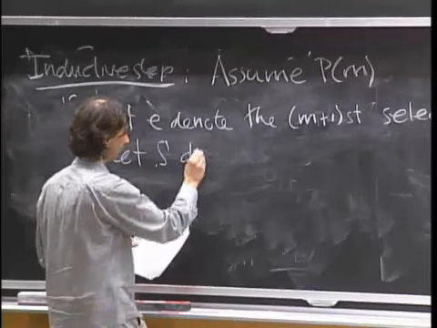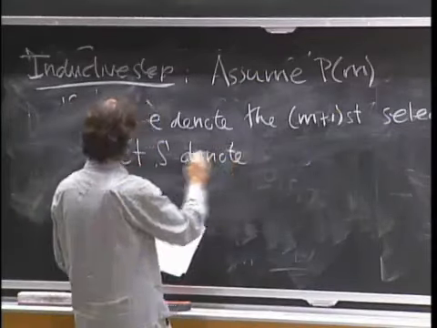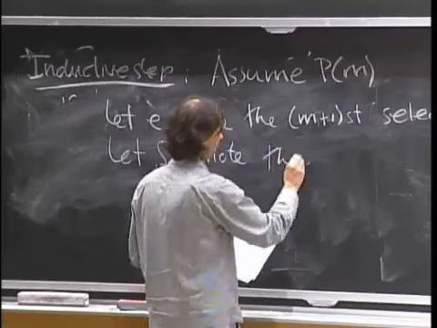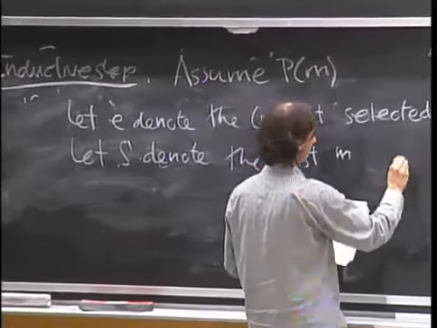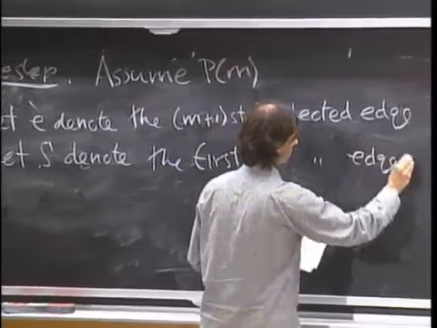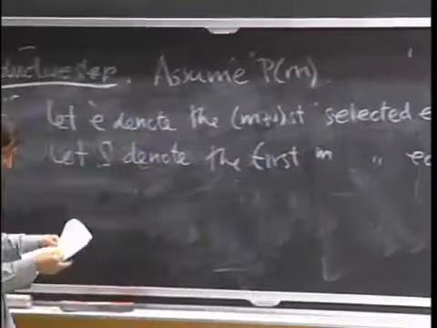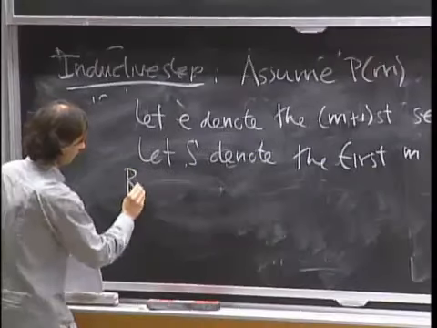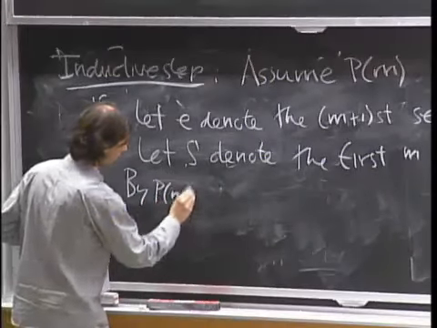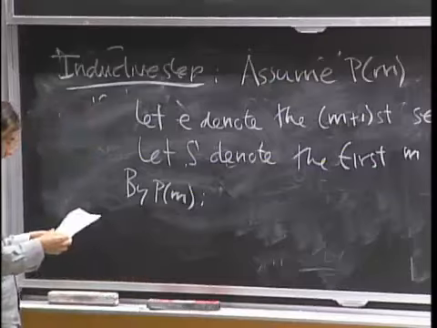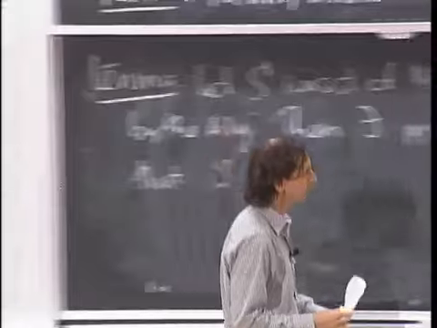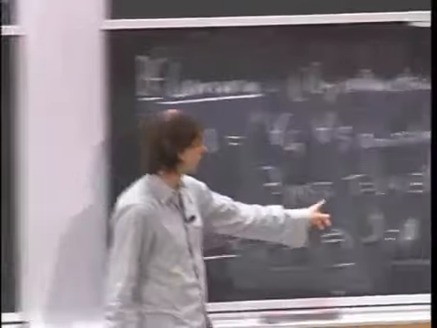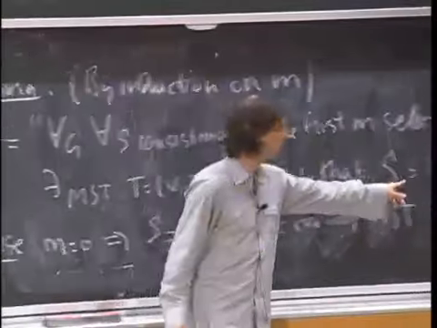So let me repeat that. Let S denote the first M selected edges. So by our induction hypothesis, well, let's apply it. We know that there exists a minimum spanning tree such that S is a subset of the edges.